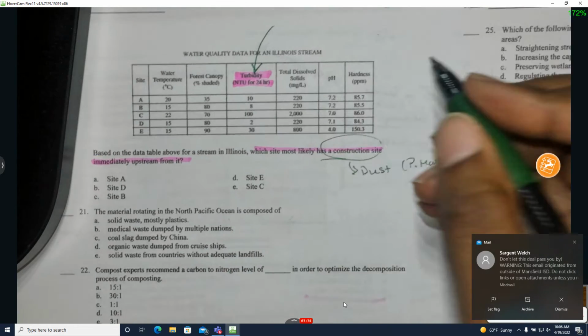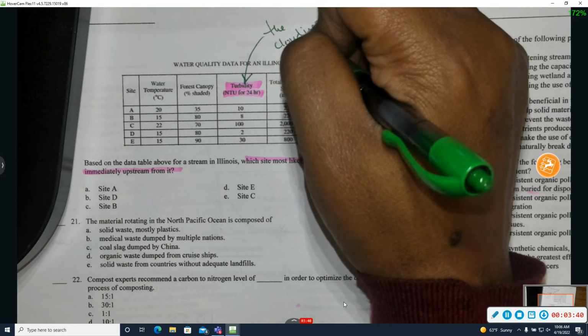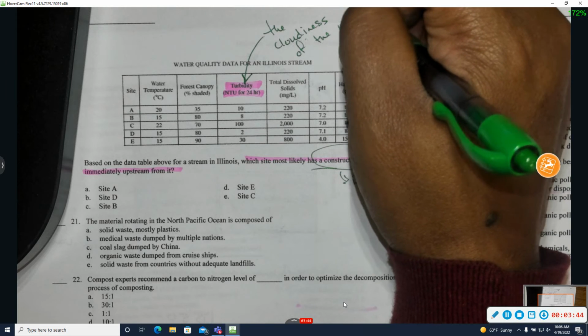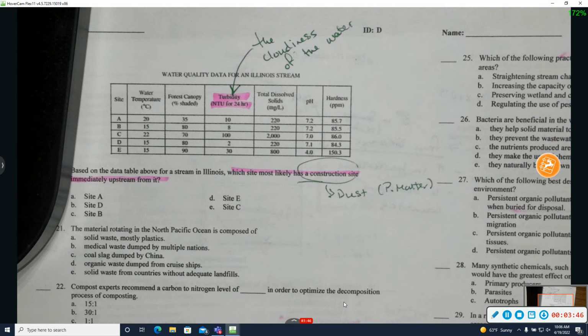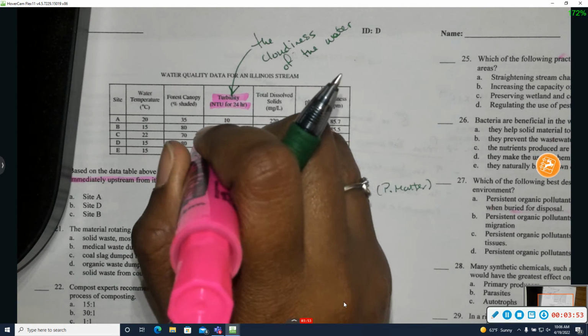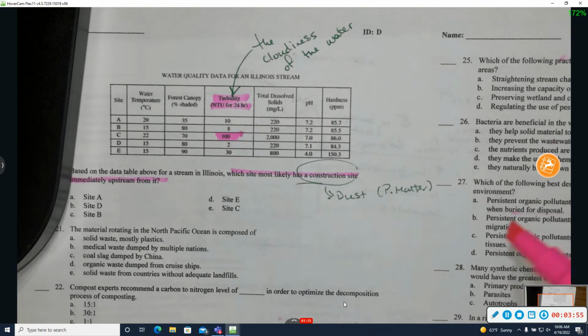Okay, and so turbidity is the cloudiness of the water, because there are so many insoluble particulates. And which one had the cloudiest water? That would have been this one right here. That's the highest.